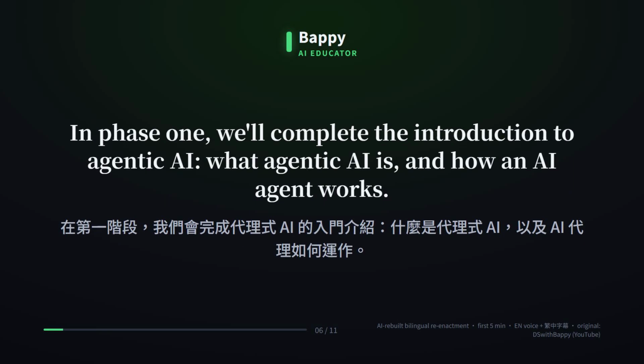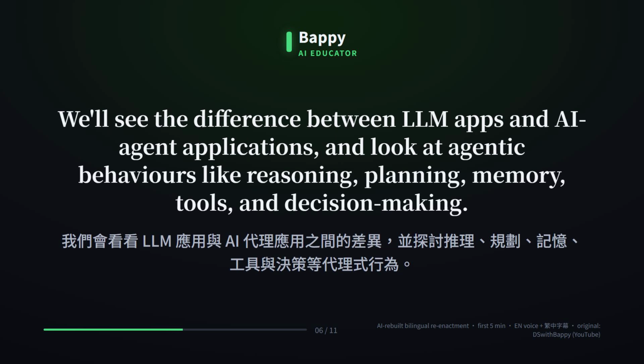In phase 1, we'll complete the introduction to Agentic AI, what Agentic AI is, and how an AI agent works. We'll see the difference between LLM apps and AI agent applications and look at agentic behaviors like reasoning, planning, memory, tools, and decision-making.